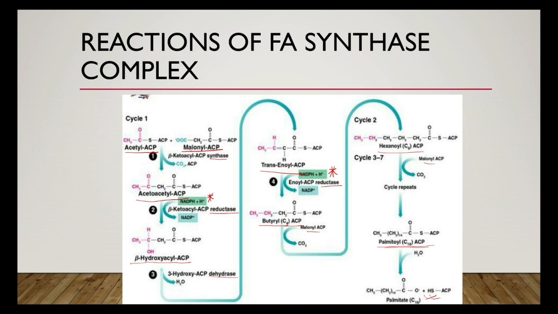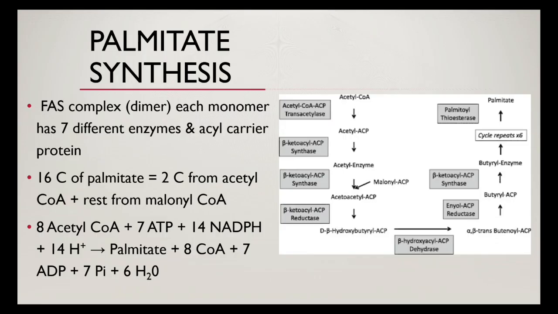So you can say that each malonyl ACP molecule requires 2 NADPH plus H plus. Now this FAS complex, fatty acid synthase complex, is actually a dimer, and each monomer has 7 different enzymes and acyl carrier protein, that is your ACP.